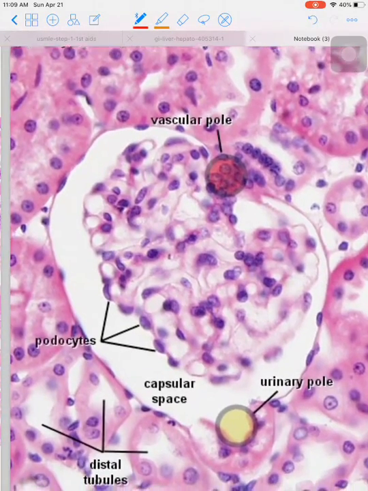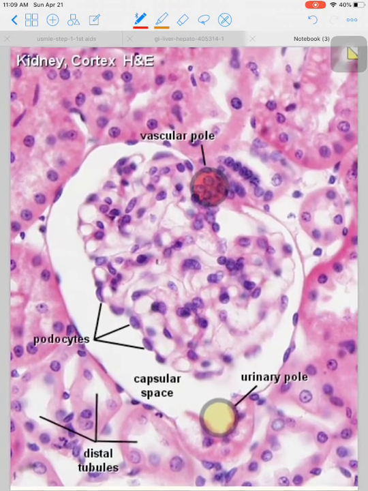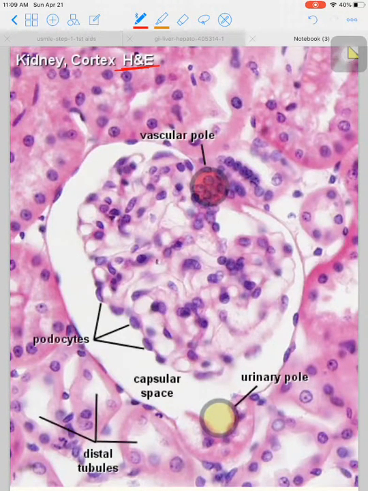Here we have a highly magnified image of the renal corpuscle. It is the hematoxylin and eosin stain, in which we can see the nucleic acid or nucleus blue, and the proteinaceous region pink. Here we have the Bowman's capsule, and here we have the glomerular tuft.